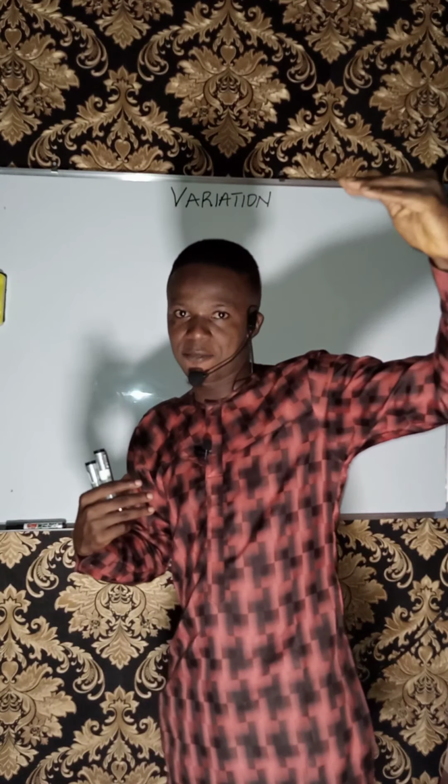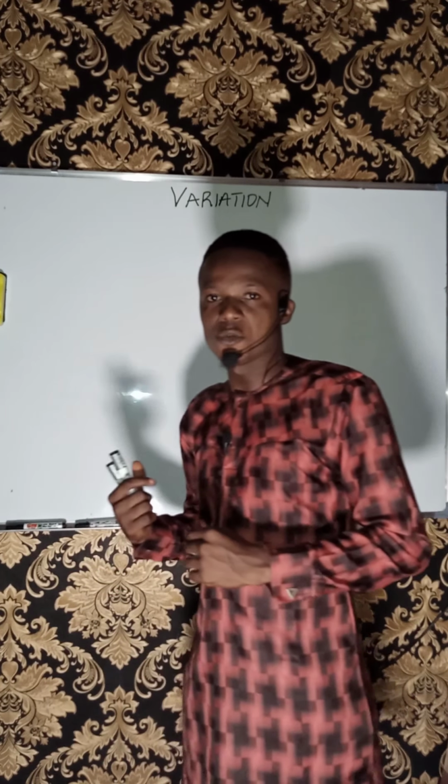The cost of four pens will be 200 naira. You can see that when the amount of money you have is increasing, the number of pens you can buy will also increase. That is a relationship. And when your money is small, the number of pens you will buy will also be small. That is variation for you.